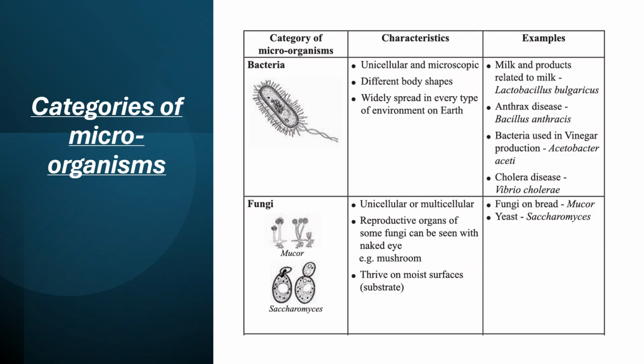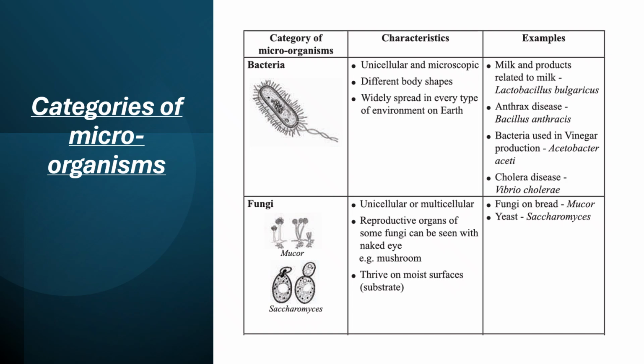Categories of microorganisms. Category of microorganism, bacteria. The characteristics are unicellular and microscopic, has different body shapes, and widely spread in every type of environment on Earth. Examples: milk and products related to milk. Well, technically, there's a lot of fancy names for these bacteria and microorganisms.